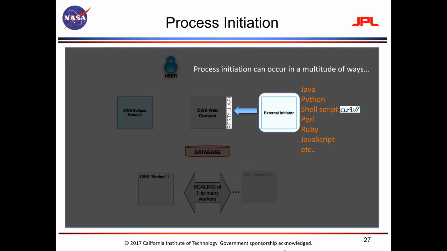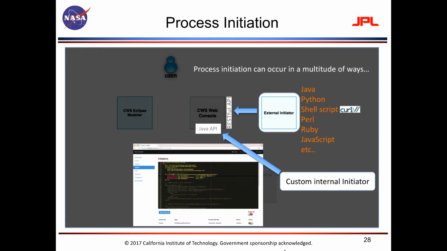The second main way to start a process is through a thing that we've developed called an internal initiator, which is basically a Java initiator that you can write your own custom Java code to determine a start condition. So it's really flexible. You could base it off of an event from a database, a message broker, a web service, and so on. It can be really customized to your need to start a process.